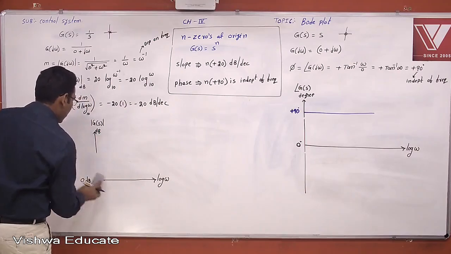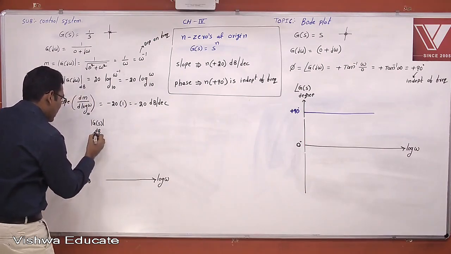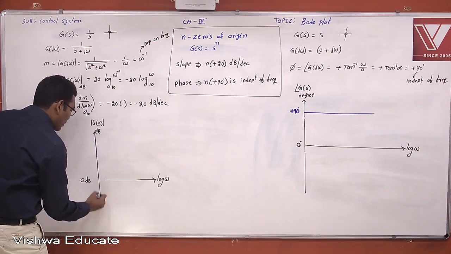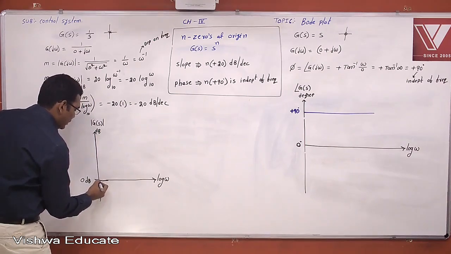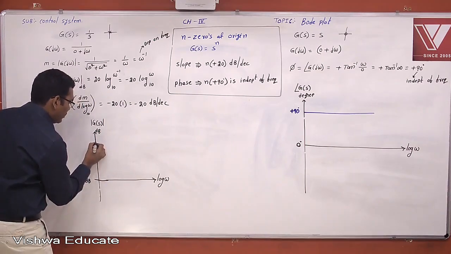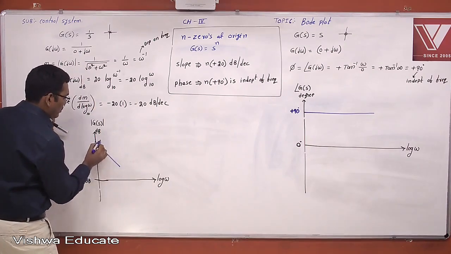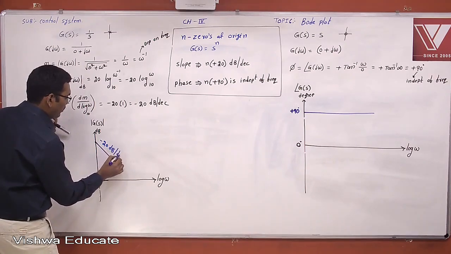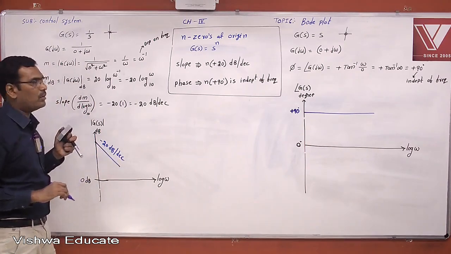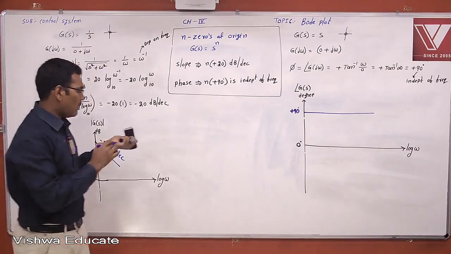Where the Bode plot starts, we will calculate later; that is called the starting magnitude. Now this is the falling slope, negative slope, minus 20 dB per decade. Previously there was a rising slope. Now this is one pole at origin.